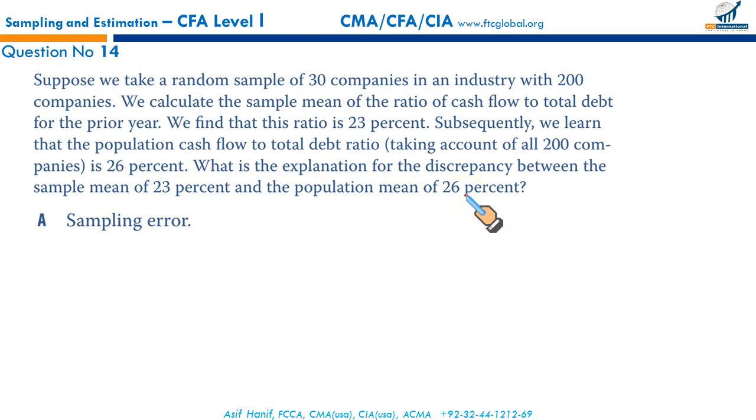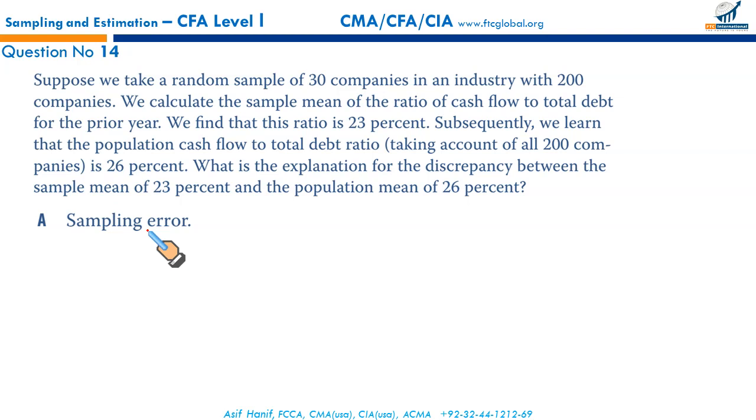Is it sampling error? Yes. The discrepancy arises from sampling error. Sampling error exists whenever one fails to observe every element of the population, because a sample statistic can vary from sample to sample. As stated in the reading we did previously, the sample mean is an unbiased estimator, a consistent estimator, and an efficient estimator of the population mean.